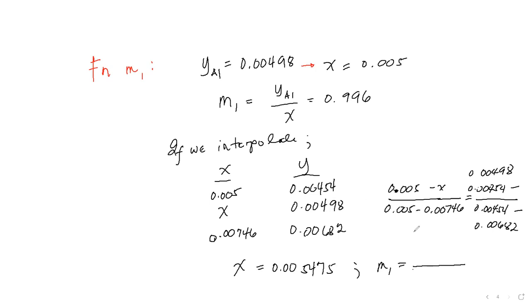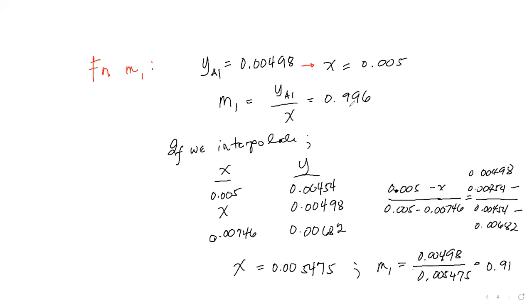The corresponding m that we will be getting, the y that we have is 0.004498. If you use this one, that's 0.005475, the m will be 0.91.